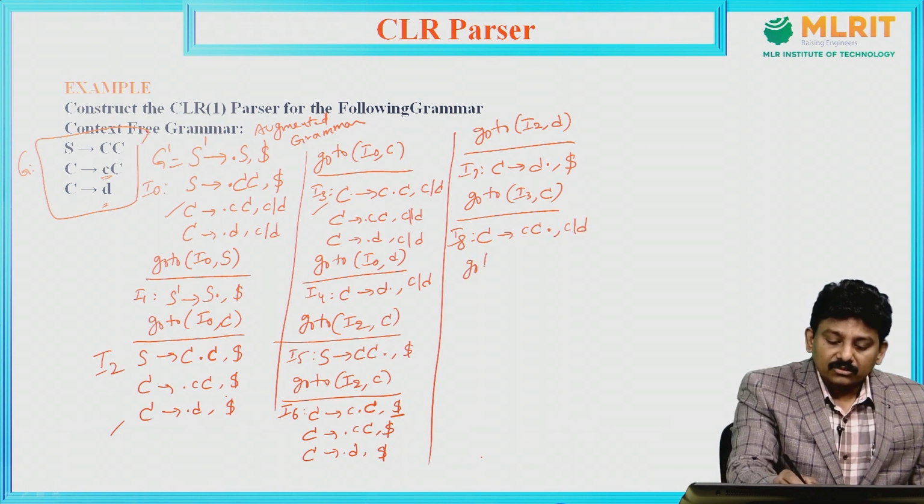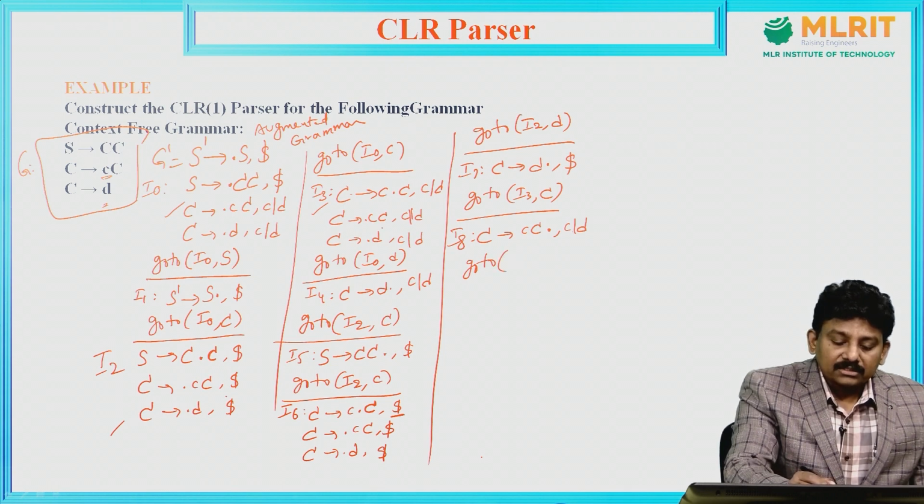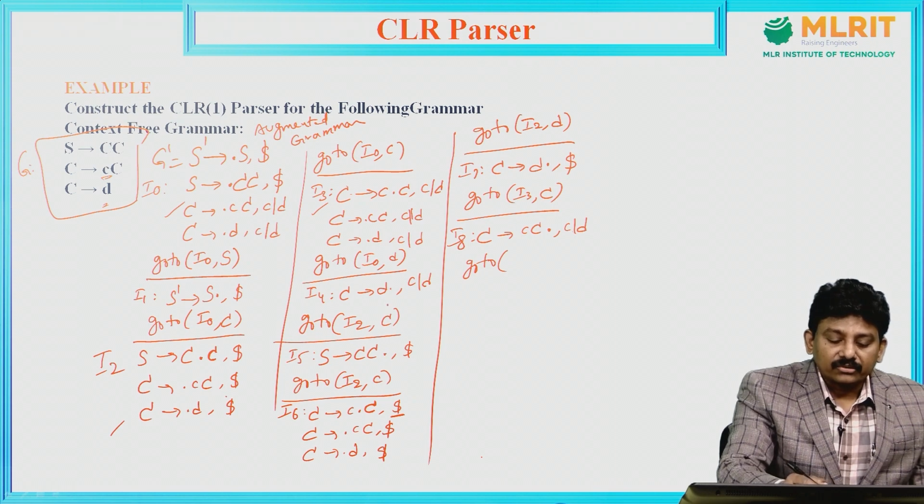Next, if you apply go to on small c in I3, it is the same as C derives c dot C, CRD, so I3 itself. If you apply go to on small d from I3, it is the same as I4, so I3 is over. I4 is over, I5 is over.